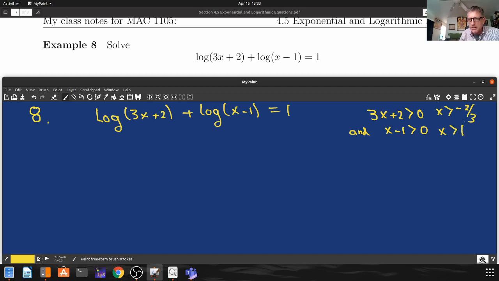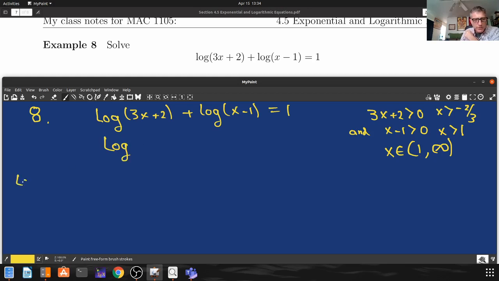So both of these conditions have to hold, so that means our solution set is in the set of 1 to infinity, because x has to be greater than 1 and minus 2/3. So anything greater than 1 is also greater than minus 2/3, but not the other way around. So x has to be greater than 1.